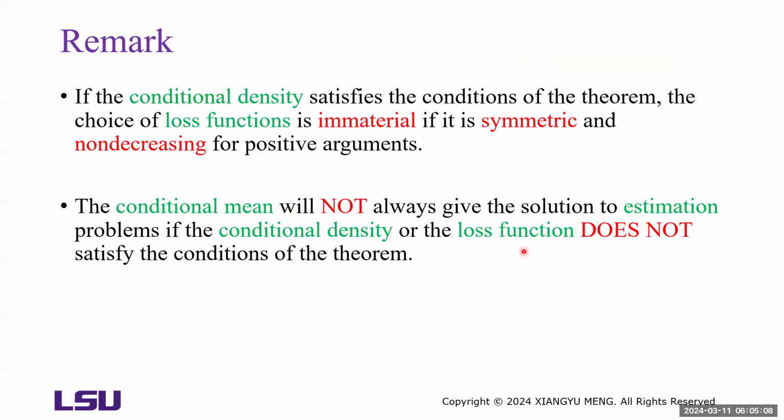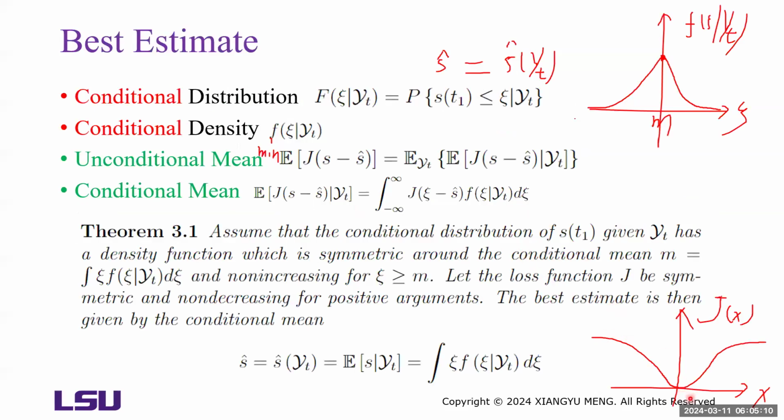Or if the loss function is not symmetric around 0 and not non-decreasing for positive arguments, then the best estimate of the unconditional mean may not be the conditional mean.